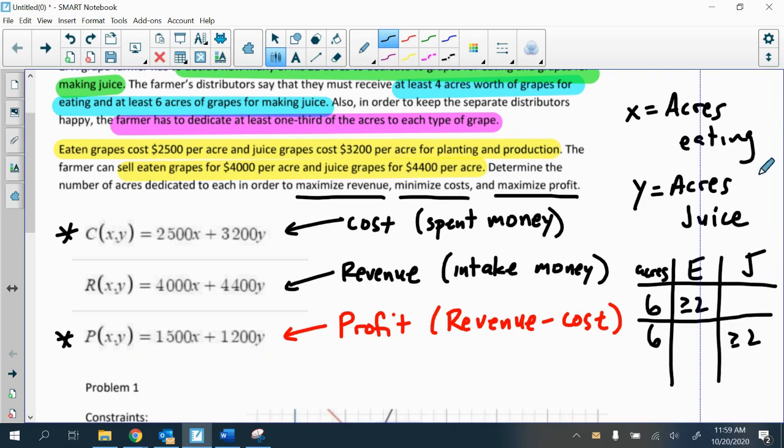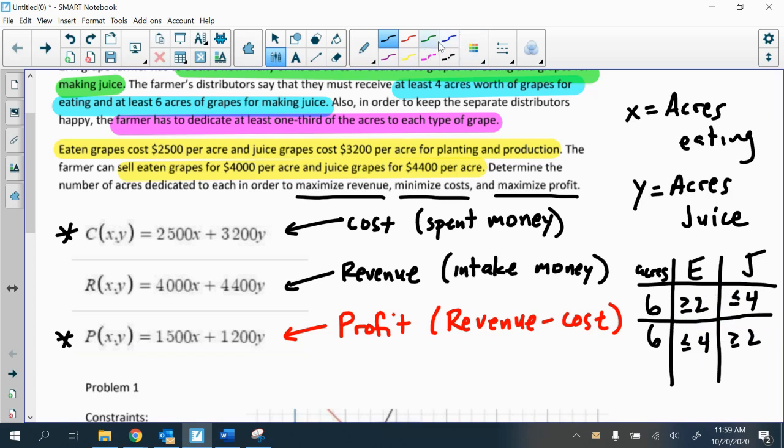So that means that there have to be less than or equal to 4 for each of these, or for juice if the eating is 2, and for eating if the juice is 2.